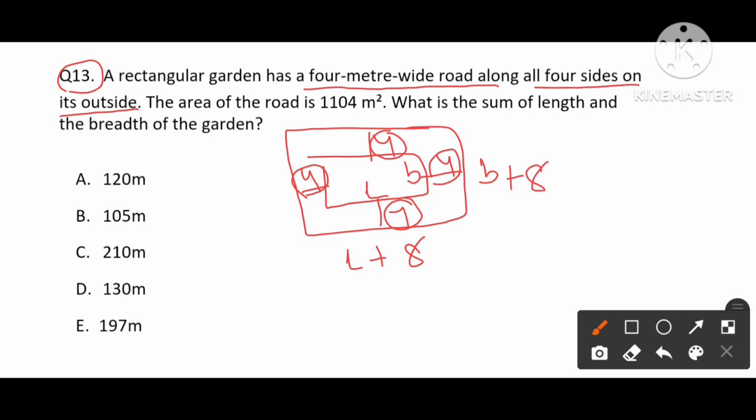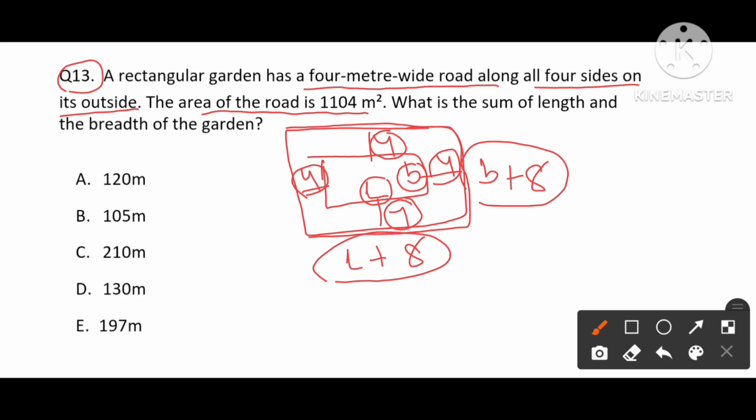So we have the outer length which will be L plus 8. The outside breadth will be b plus 8. The inside rectangle length is L and breadth is b. Here in the question it says that the area of the road is 1104. Talking about the area of the road, we can find it by subtracting the inside rectangle area from the total rectangle area.